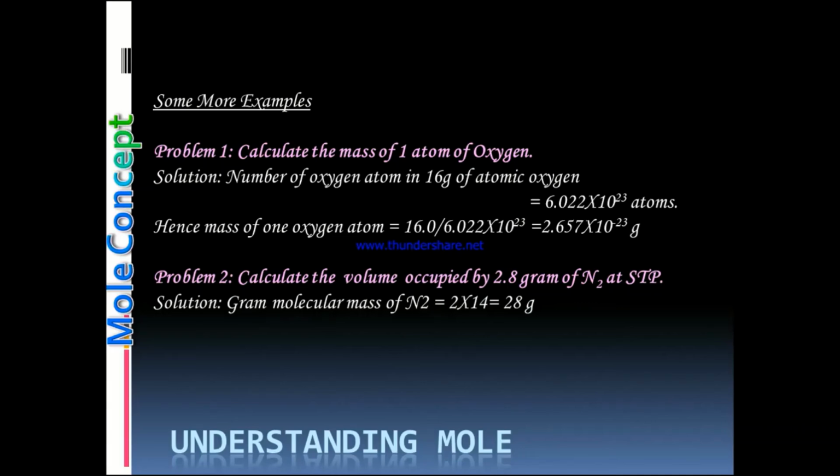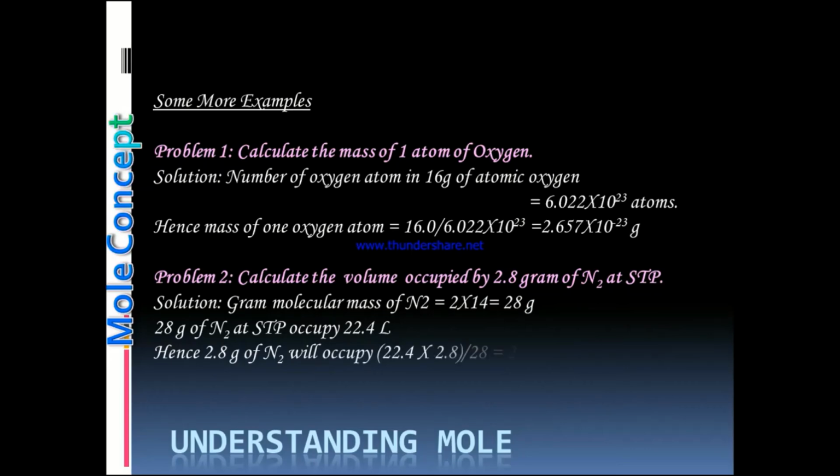So 1 gram occupies 22.4 divided by 28. 2.8 gram means 2.8 divided by 28 into 22.4 liter. So you can see here the answer will be 2.24 liter at STP.